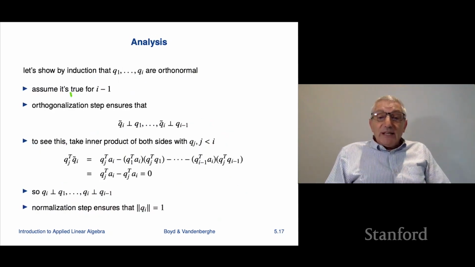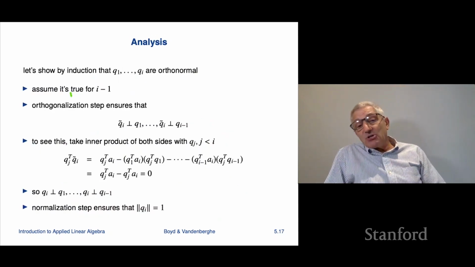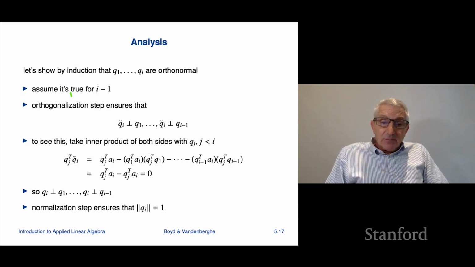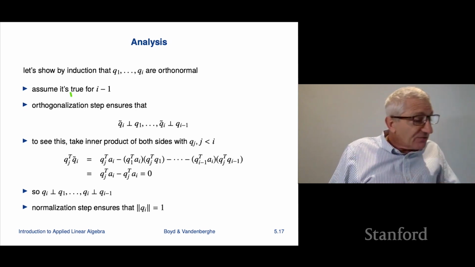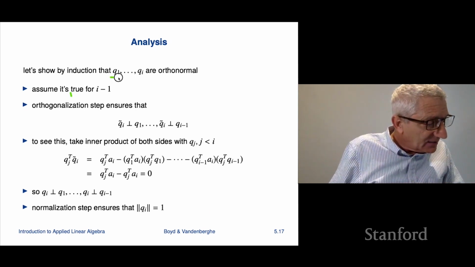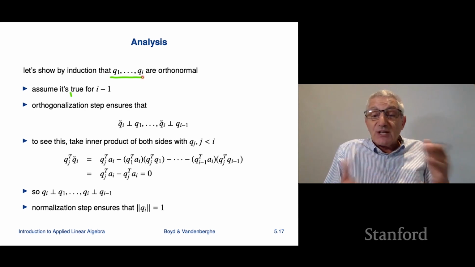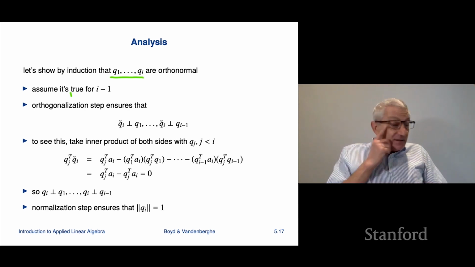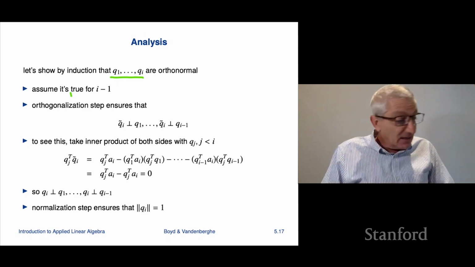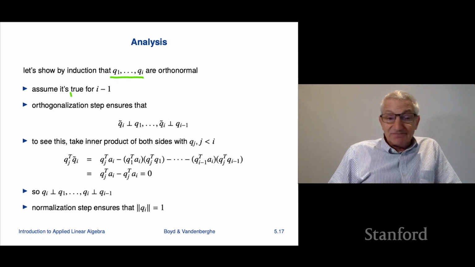All right, so we can analyze this a bit. I'm not going to go into it in too much detail, because this is best done by reading through the book carefully. But I will say a few things about what the algorithm does. The first thing, which our example already gave a hint of, is that the Qs that come out of the Gram-Schmidt algorithm are orthonormal. We can check this by recursion: suppose it's true for i minus 1.